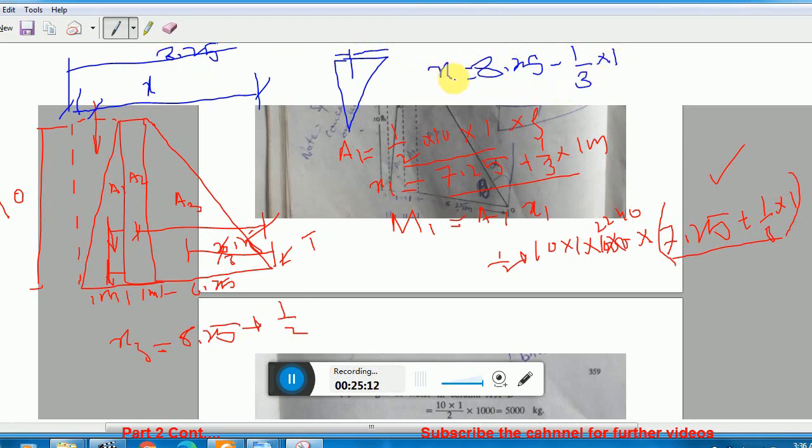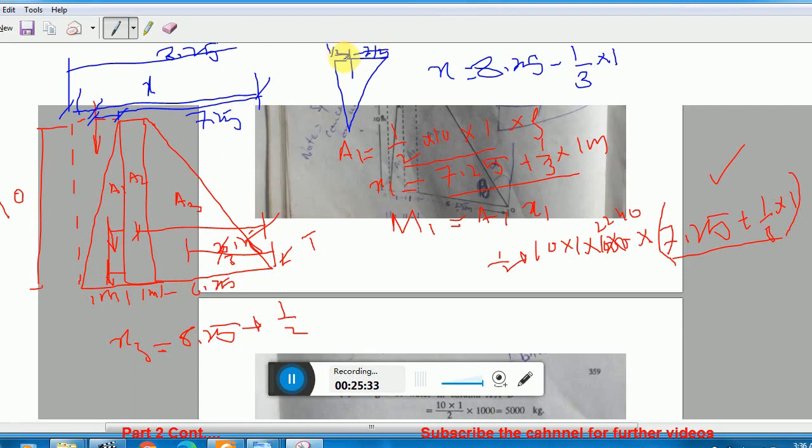Or the other approach is that, as the distance from this to this point is 7.25, okay, so 7.25 plus you need to add this distance, and that distance is now 2/3, because from that side it is 2/3, and from this side it is 1/3.